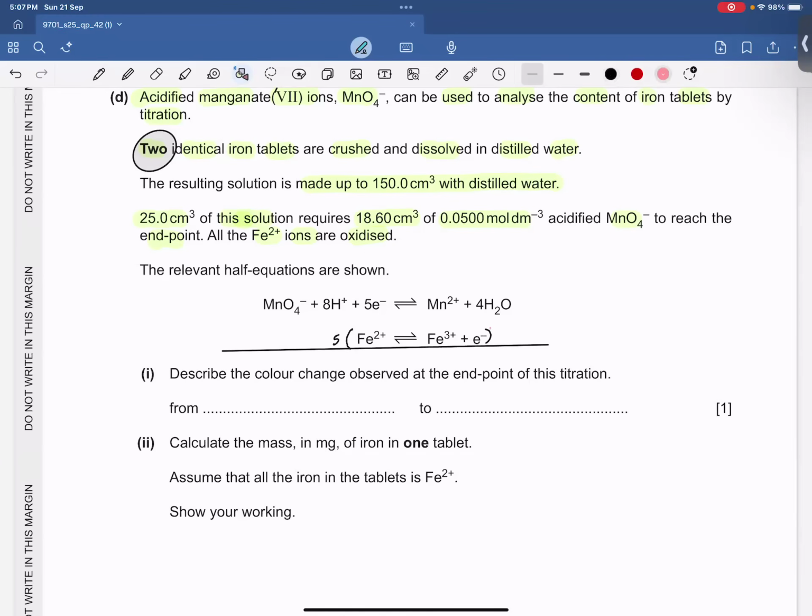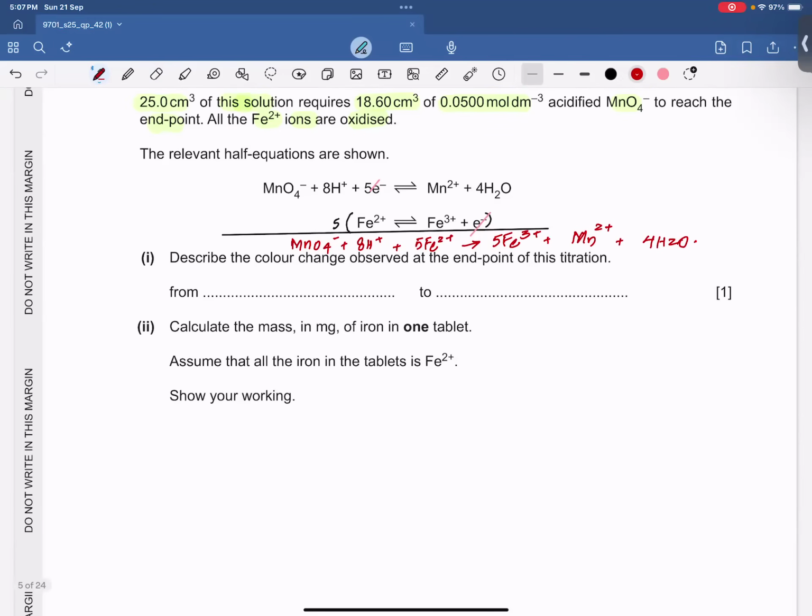As the number of electrons are balanced, they will cancel out, and the final equation for this reaction is going to be like this: MnO4⁻ + 8H⁺ + 5Fe2+ → 5Fe3+ + Mn2+ + 4H2O.